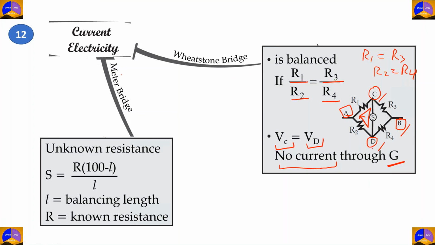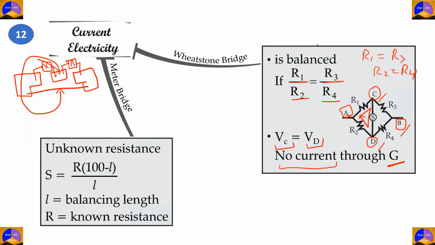In the next device, which we know as the meter bridge, we find the unknown resistance using a setup. So we have a 1 meter length wire. We have an unknown resistance X and a known resistance R. And we also have a device known as a jockey.